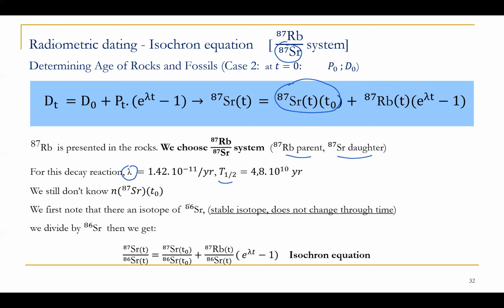We have to find another isotope, Sr86. This isotope is a stable isotope and doesn't change through time. It means its value at t0 and at t will be the same. So here we are going to divide the Isochrone equation by this quantity, strontium 86.